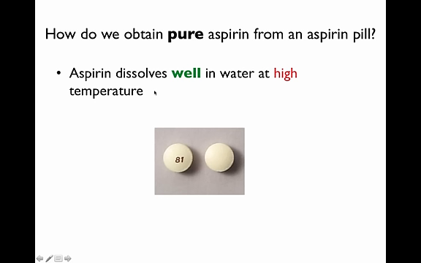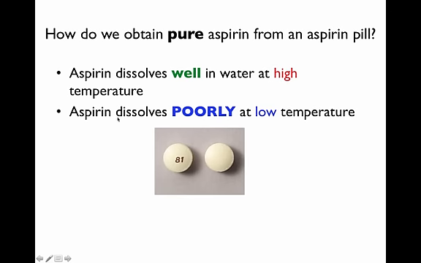Because, as we mentioned earlier, the solubility of many things increases as the temperature increases. So if we have very hot water, the aspirin will probably dissolve in it. In contrast, aspirin dissolves very poorly in water at lower temperatures. So if you have cold water, or even room temperature water, aspirin doesn't dissolve very well in it. And we're going to take advantage of this fact.